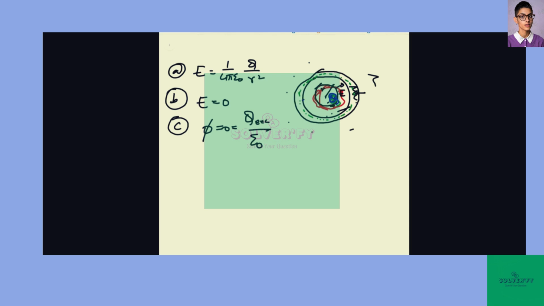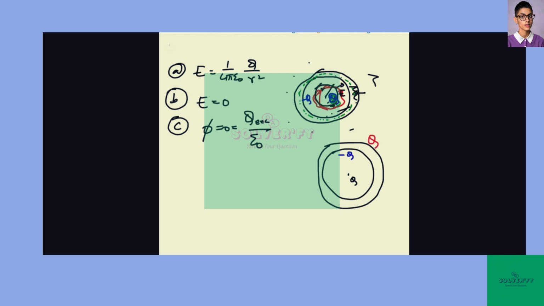For that, there is a minus Q charge induced on the inner surface of the sphere. So we have the sphere. There is Q at the center, which means there is a minus Q on the inner surface. But the sphere was initially uncharged, which means there must be an induced plus Q charge on the outside of the sphere.